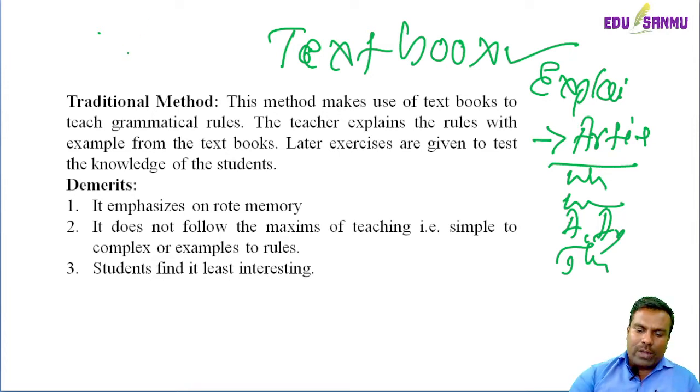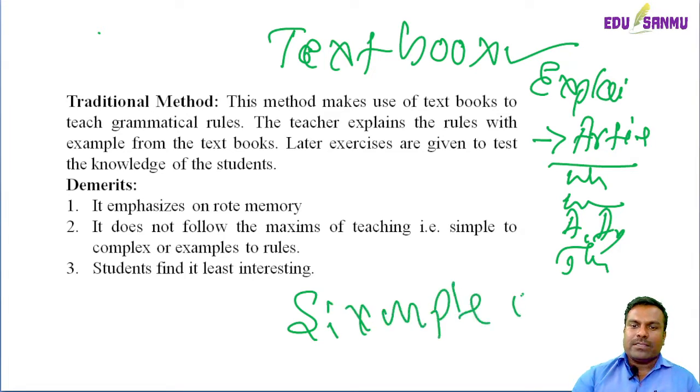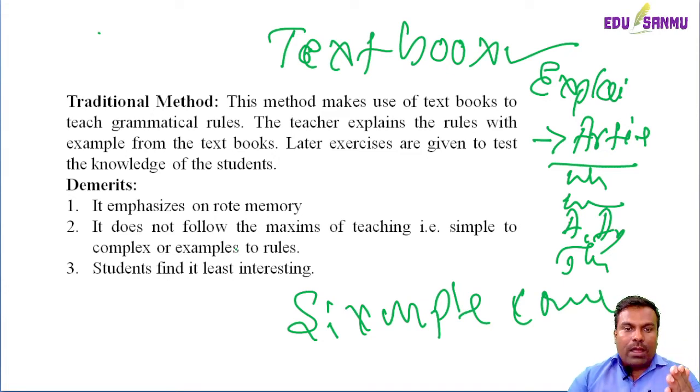As we know, the maxim of teaching is simple to complex, but here there is no need of this maxim. The teacher does not start from examples to rules, which students could understand easily, so students find it least interesting. It is not an interesting method.